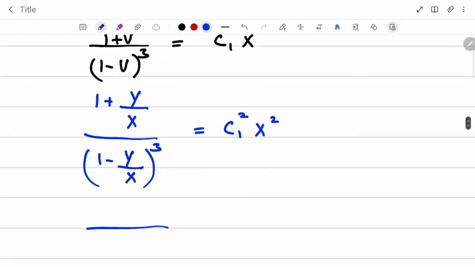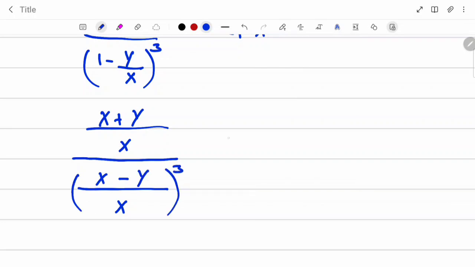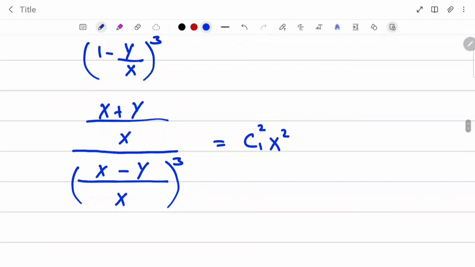So can I make the LCM of the above? X plus y over x minus y, whole cube, equals c1 square x square.